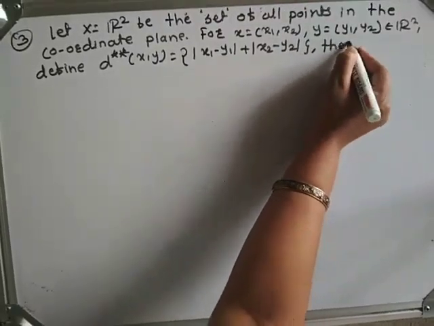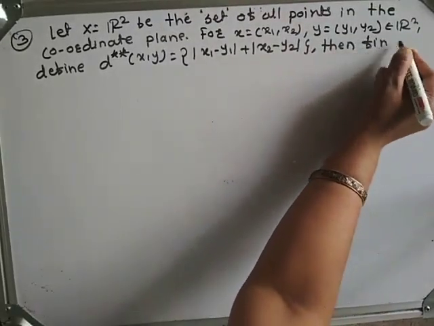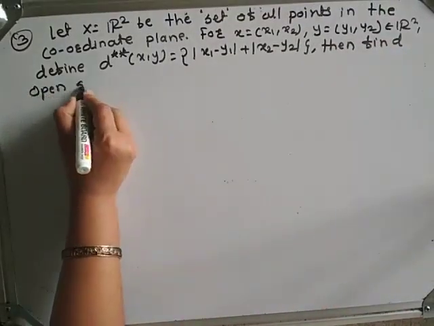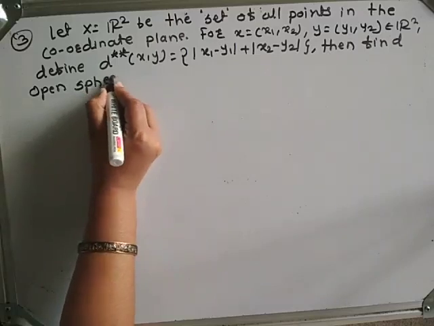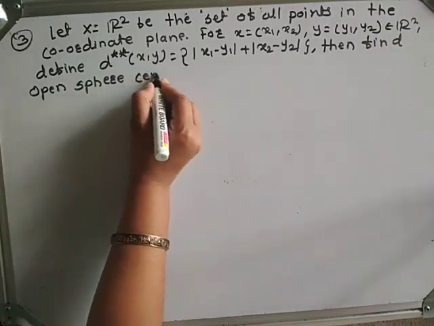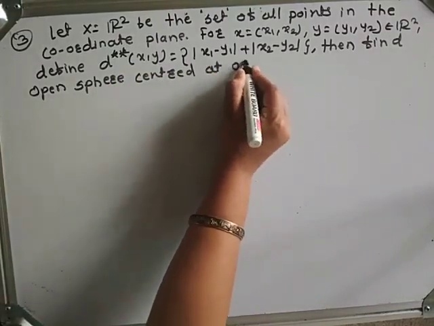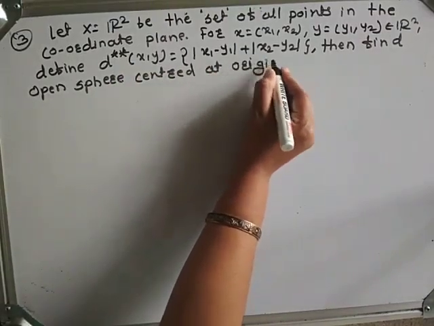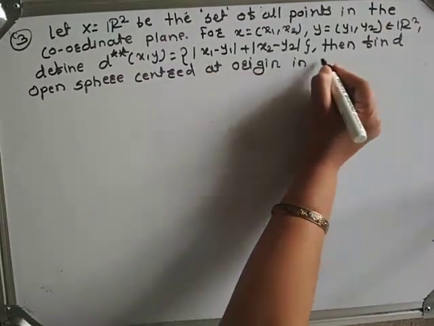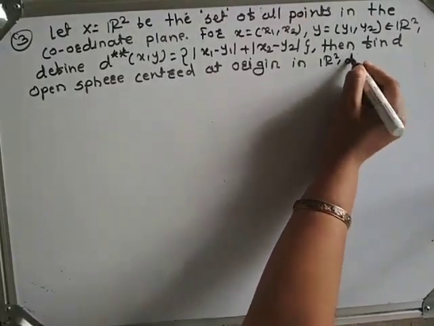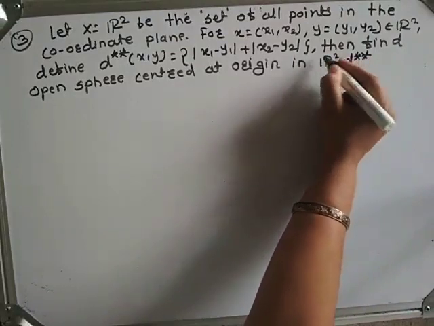Then find the open sphere centered at origin in R2 d double star.